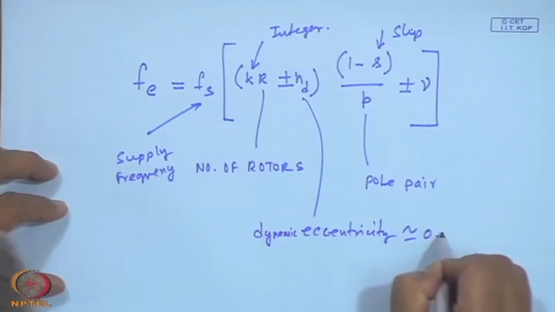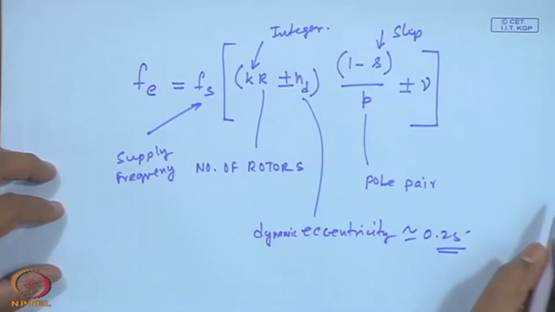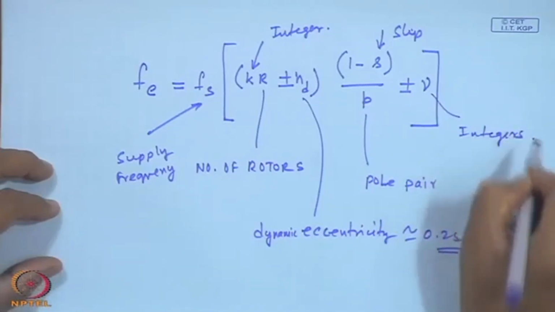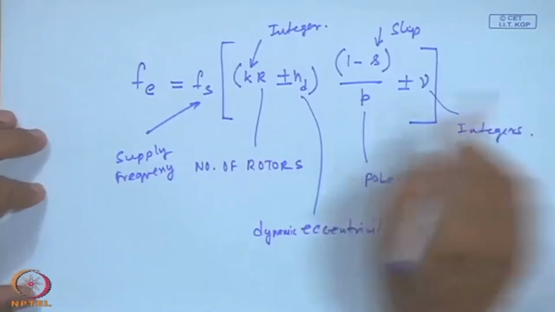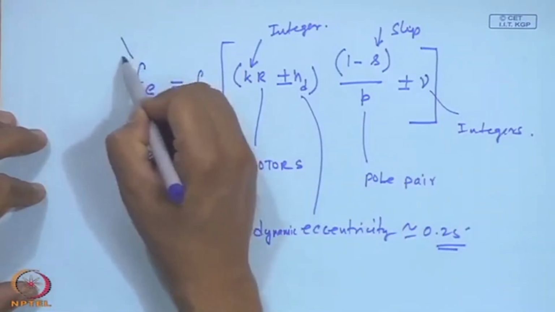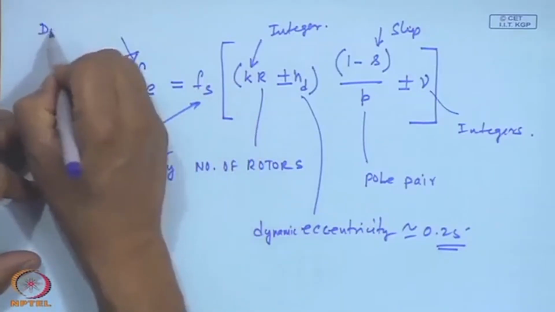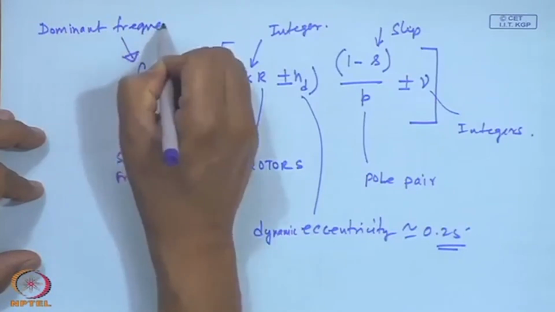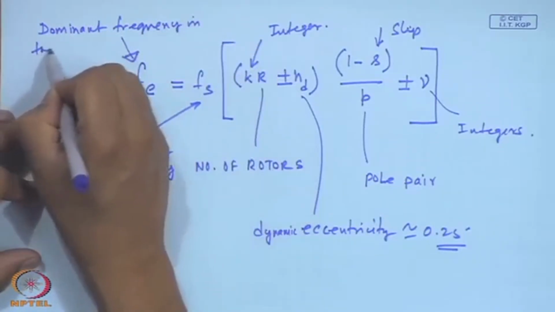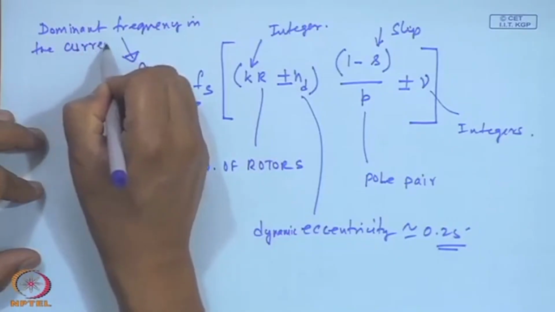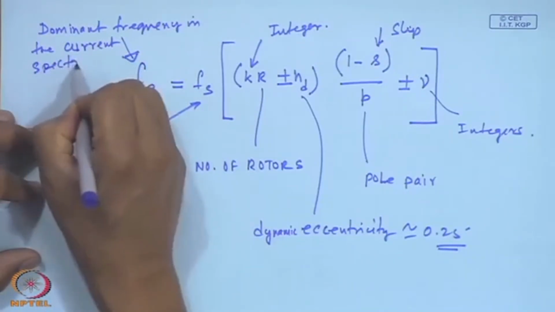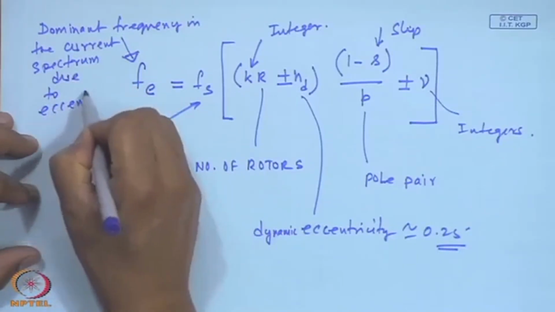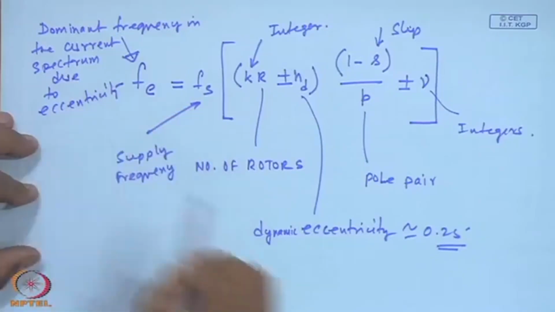This is about 0.25 or so. These are again some integers. So, researchers have found this formula by which I will see the dominant frequency in the current spectrum due to eccentricity.